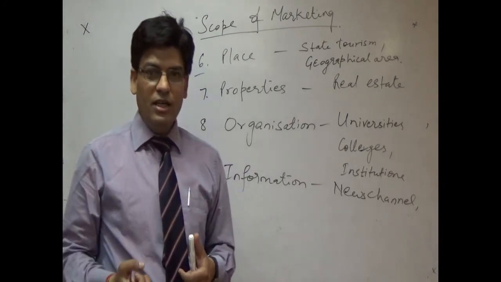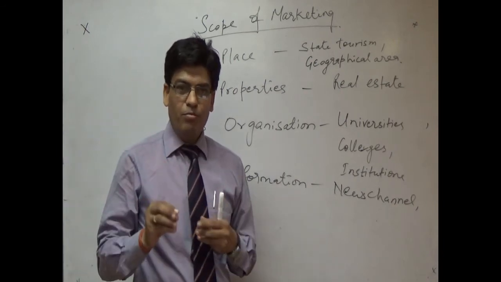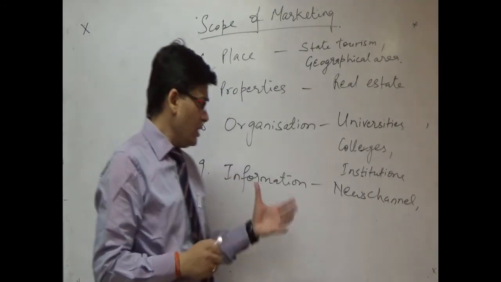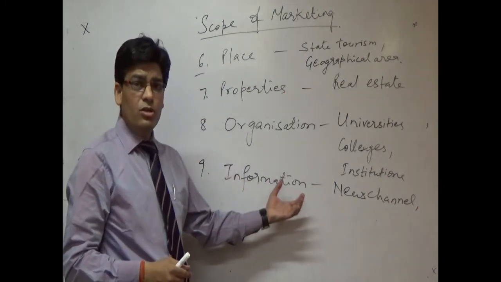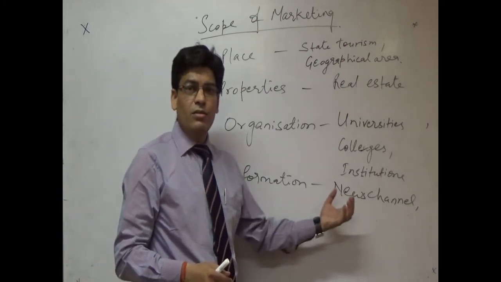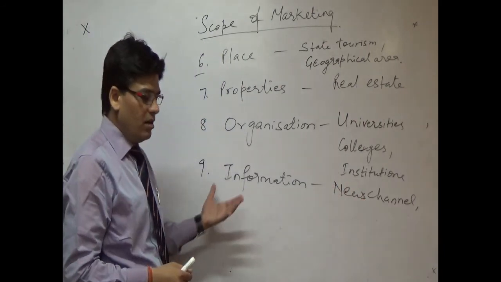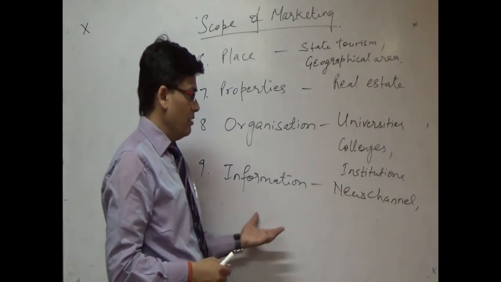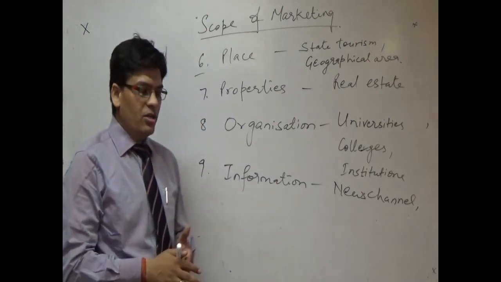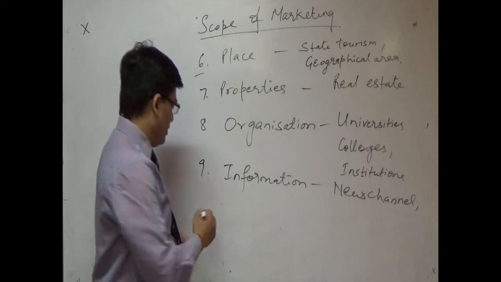The real news, best prediction, and so on and so forth. So these are the information that news channels, magazines, encyclopedias, and various other channels like Discovery market. So the scope of marketing lies in information.